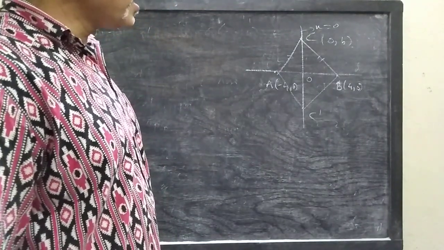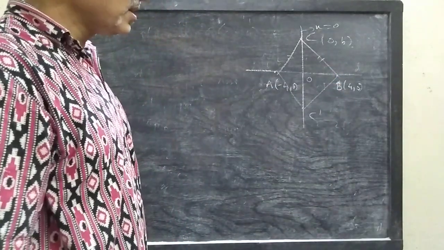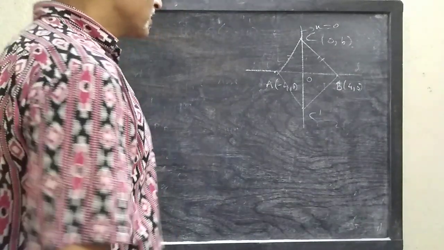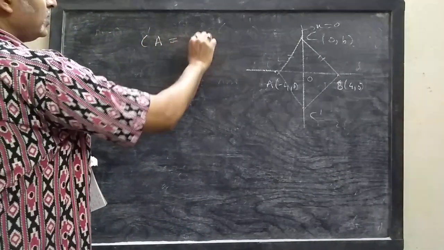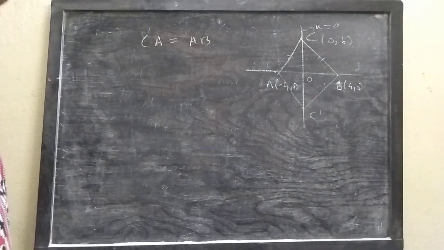So we can write the coordinates of the third vertex as 0, comma b. Why 0, comma b? Because all the points lying on the y-axis have their abscissa 0. Now CA equals AB, because sides of an equilateral triangle are of equal length.